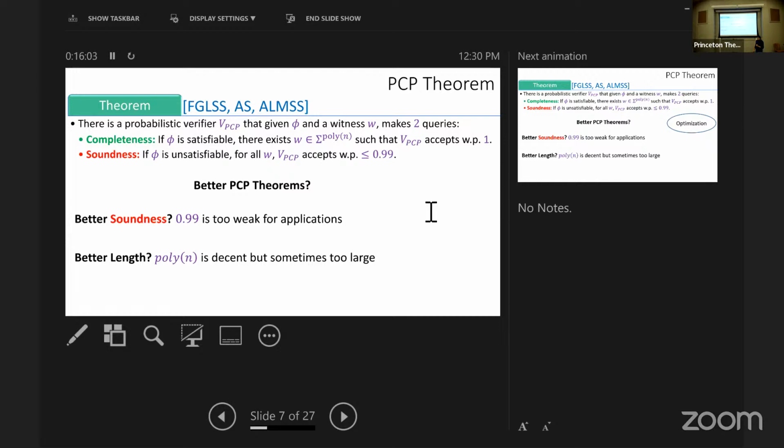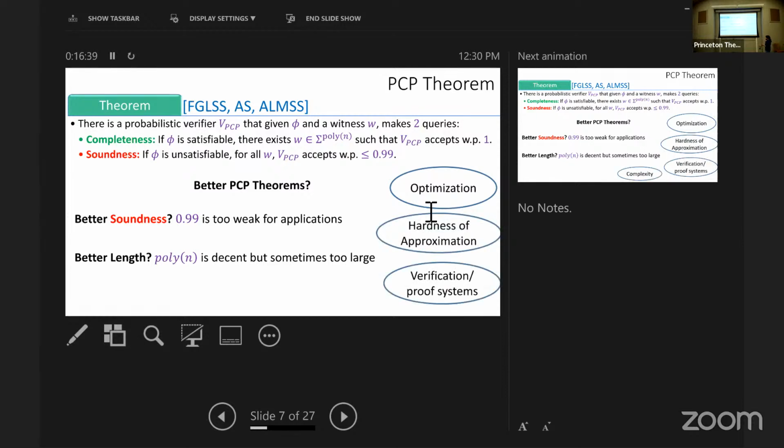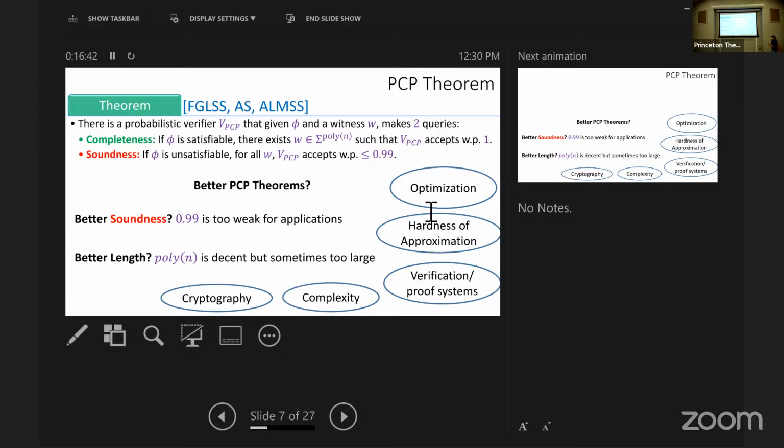And another aspect where you can hope to improve is about the proof length or the witness length. So polynomial length is something that is nice, but if it's like 10 to the 100, it is polynomial, but you can try to get something better. So can we get shorter PCPs? And as I mentioned, these are aspects that you care about inherently about PCPs, but getting better results here has applications to other areas, such as optimization, as I said, hardness of approximation, verification, complexity in general, and crypto.